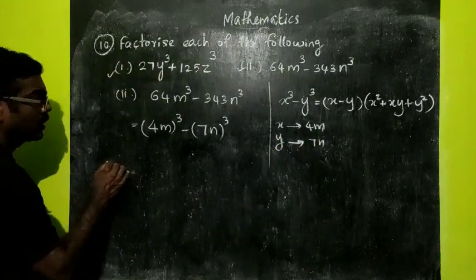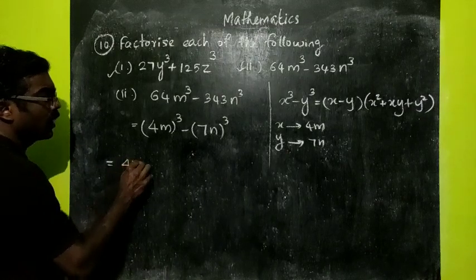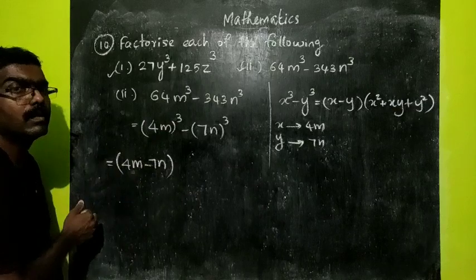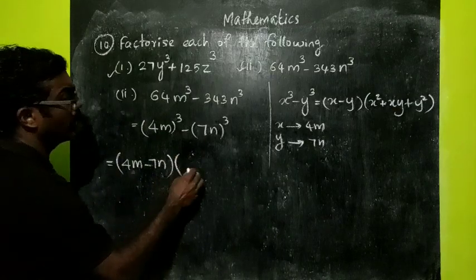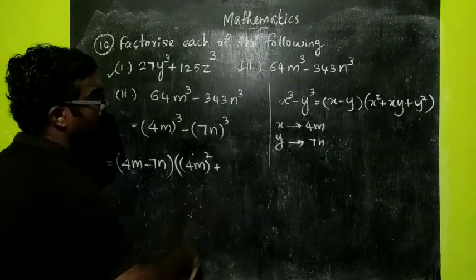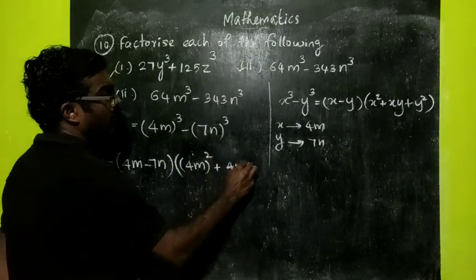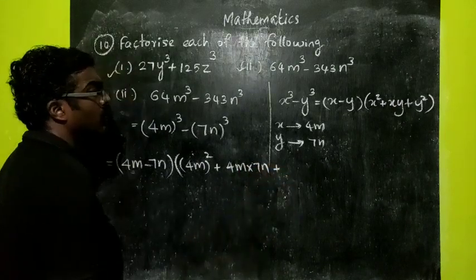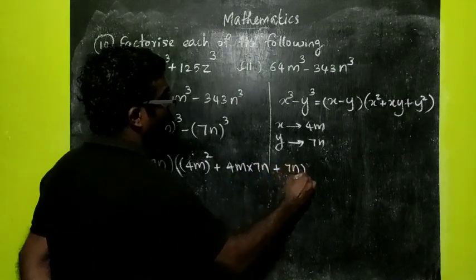So this can be written as 4m minus 7n, that is x minus y, then into x square, 4m the whole square, plus xy, 4m into 7n, plus y square, 7n the whole square.